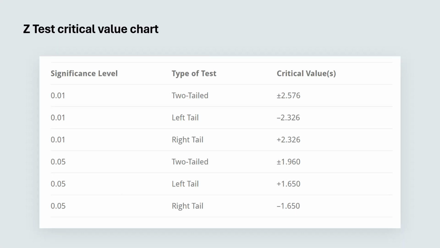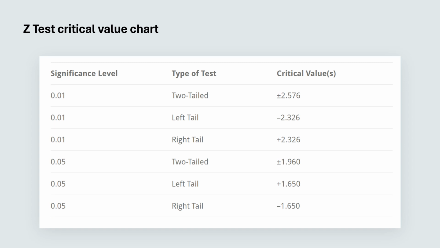The z-test also has rejection regions, which are defined by the type of test that is used. Let's say in this example it's a two-tailed test and the significance level is 1%, when you're absolutely sure that you want to reduce the amount of randomness in your data. The critical values are 2.56 and negative 2.56.